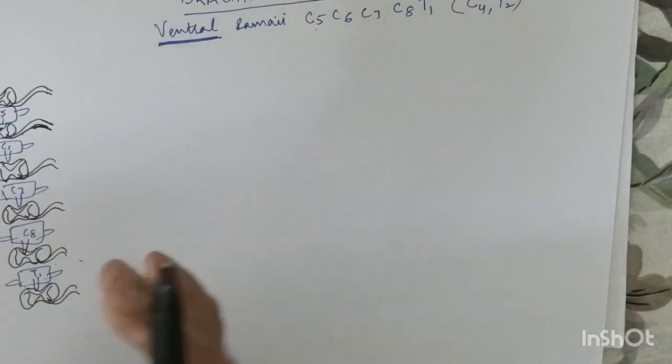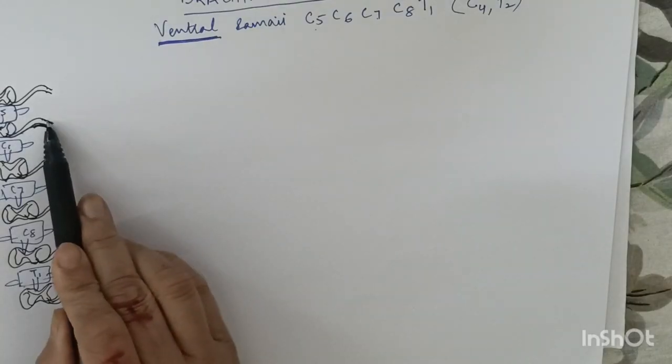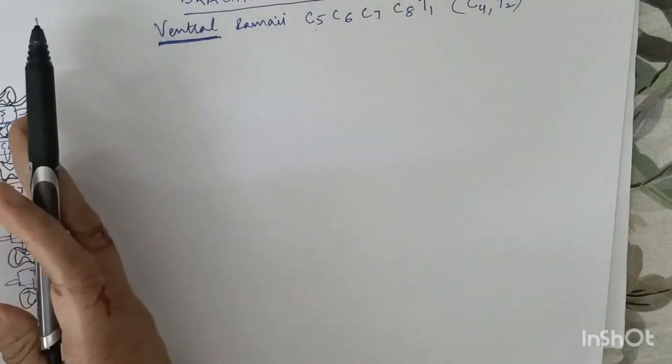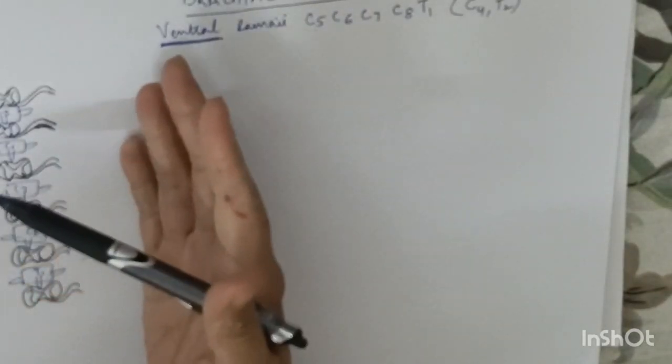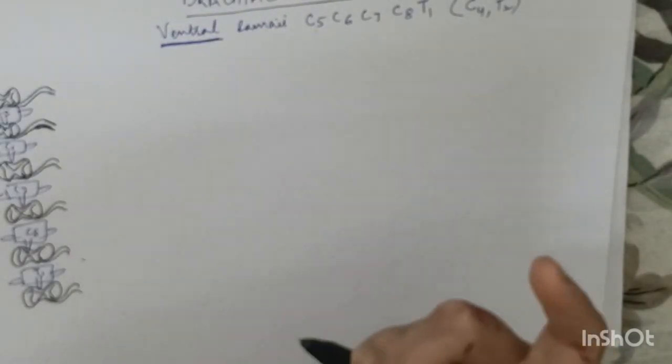Now, what happens is when the injury is before the entrance of the spinal root into the ganglion, it is said to be a preganglionic injury. Now you understand why it is said to be a preganglionic or a postganglionic brachial plexus injury.